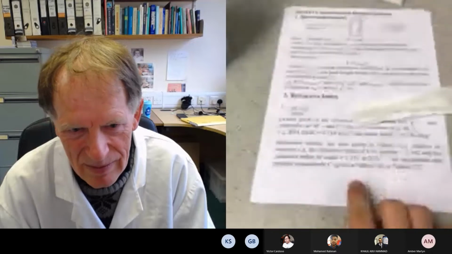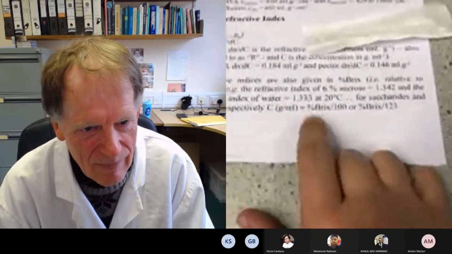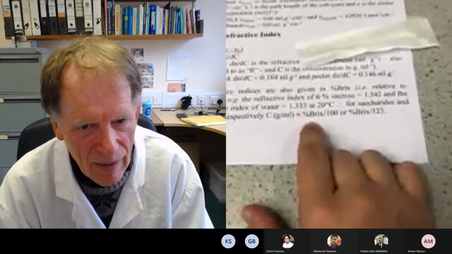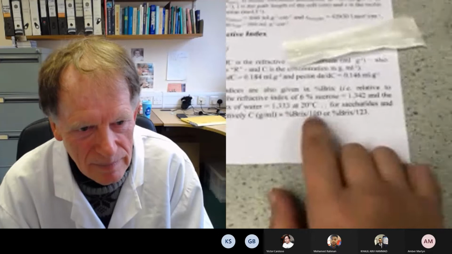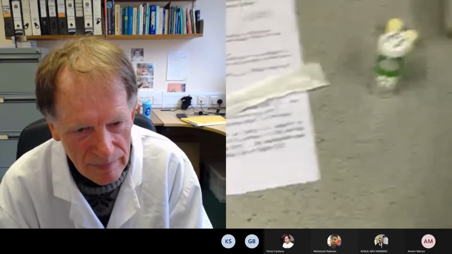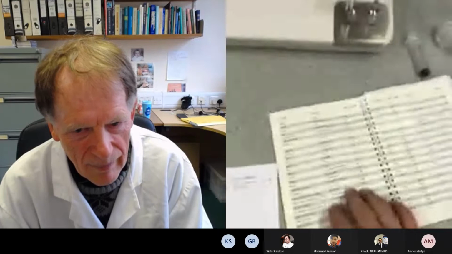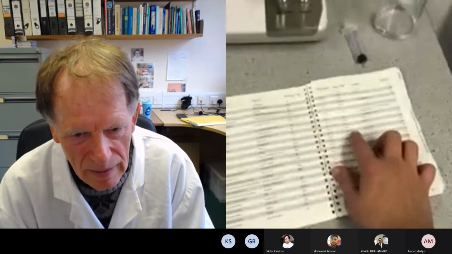So basically how this one is going to work, the instrument will give us a value of brix in percentage, which roughly translates to grams per mil if we divide it by 100. But then, of course, we can also take into consideration the DNDC value. So in this case, we're using the DNDC of the albumin.